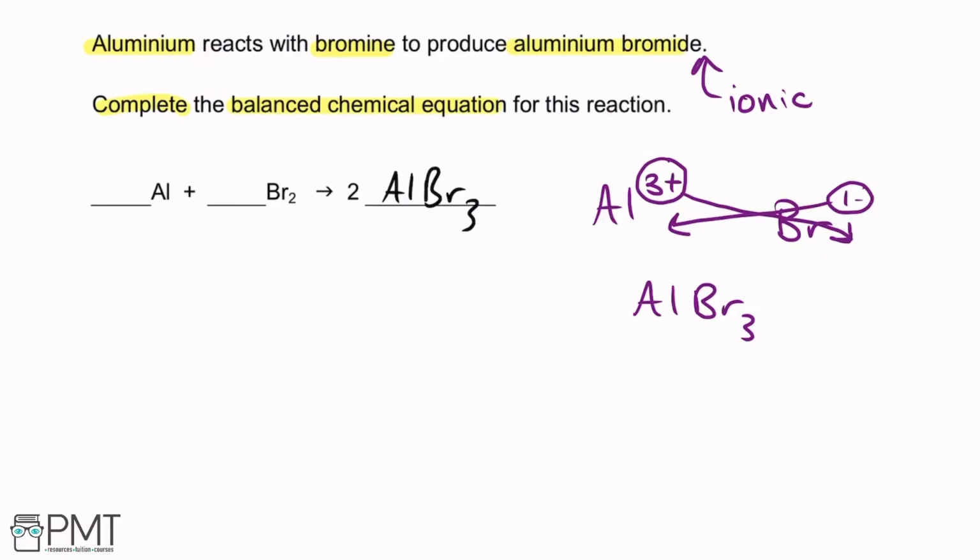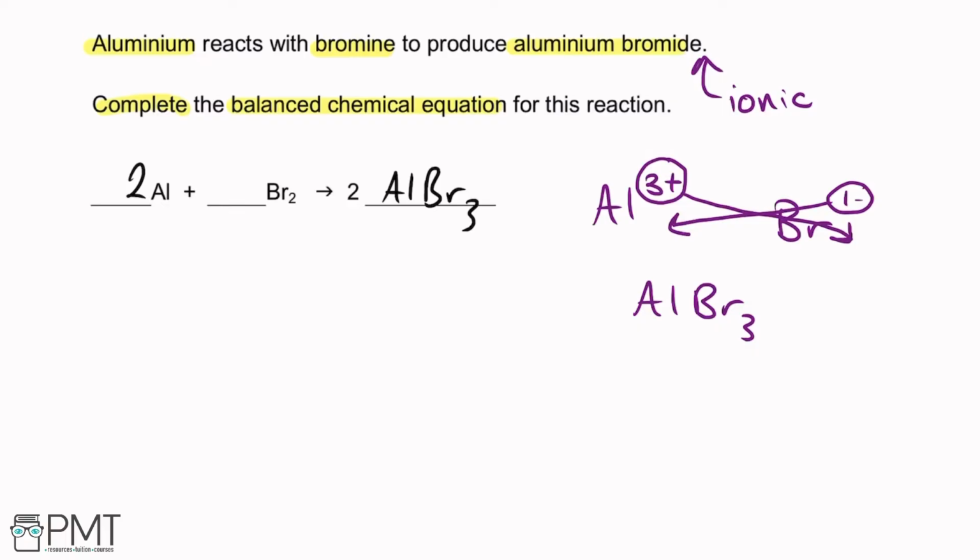Now what we need to do is balance this equation. So let's start by thinking about the aluminiums. Currently on the left-hand side, we have 1 aluminium, but on the right-hand side, we have 2 aluminiums. So we need to put a 2 in front of that Al. Now let's think about the bromines.